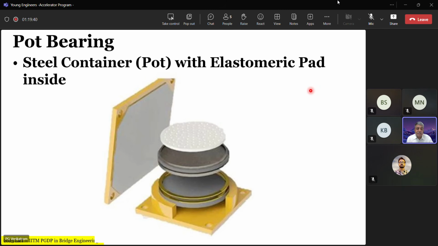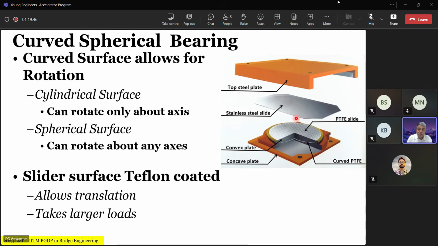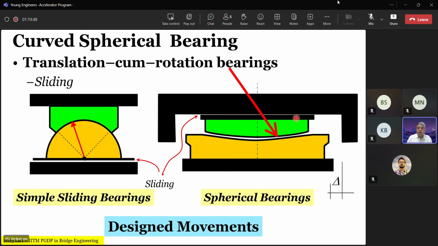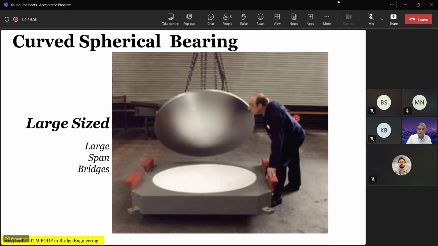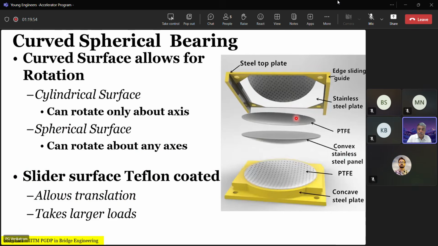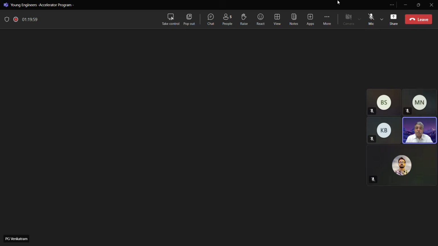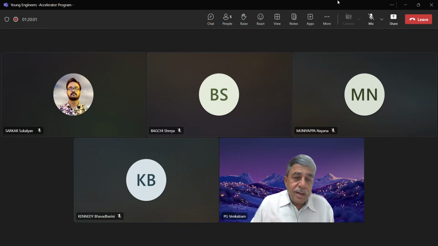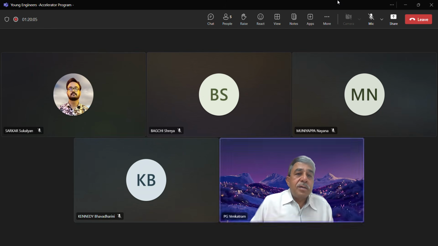Okay, just excuse me. I will show you the, I don't know whether I have a photograph of a, okay, this is, well, just hold on. Let me locate from another source. Let me open the code and I'll show you the assembled image of how a code, a cotton PTFE bearing.